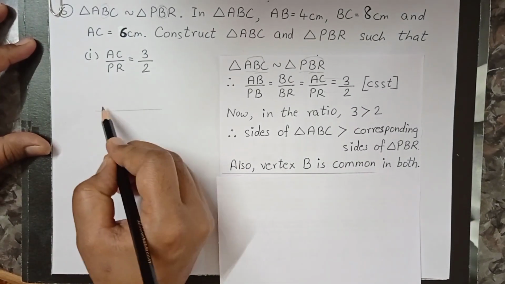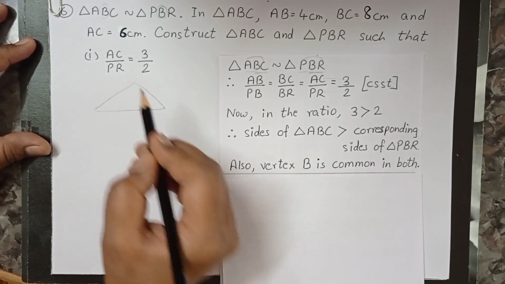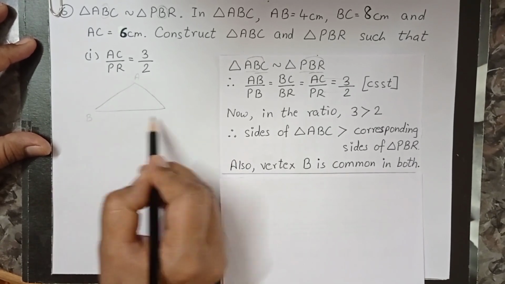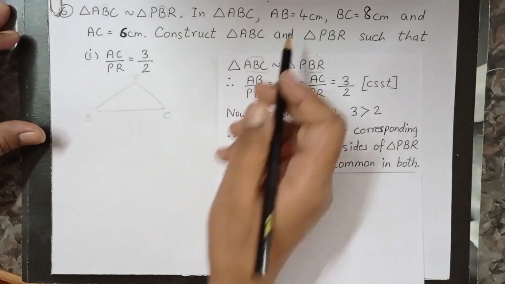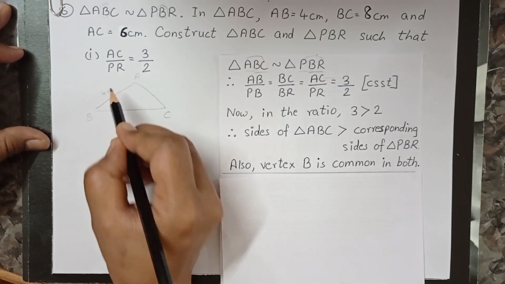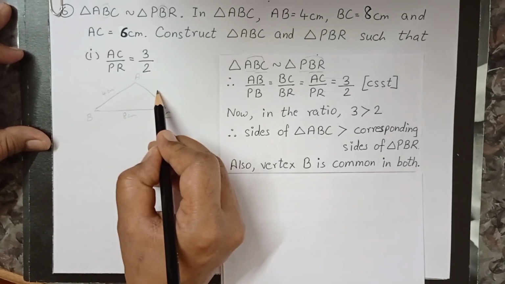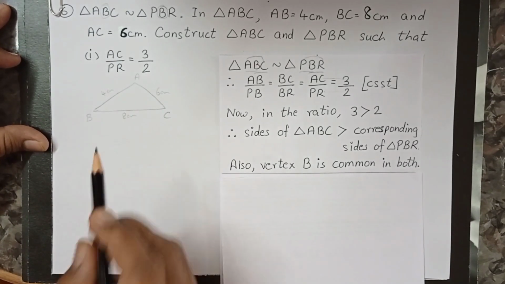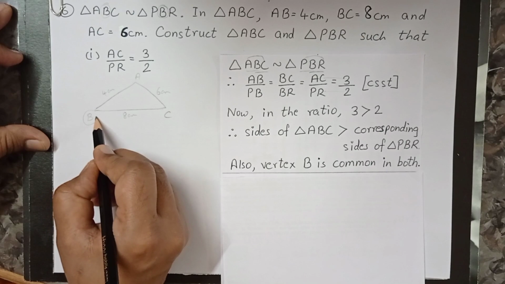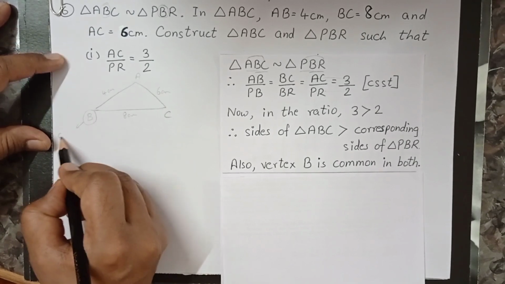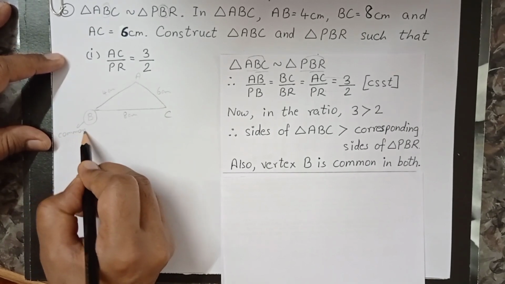So, we have triangle ABC. AB is given to be 4 centimeter, BC is given to be 8 centimeter and AC is 6 centimeter. The vertex which is common to both of them should come on the left hand side. That is the common vertex.